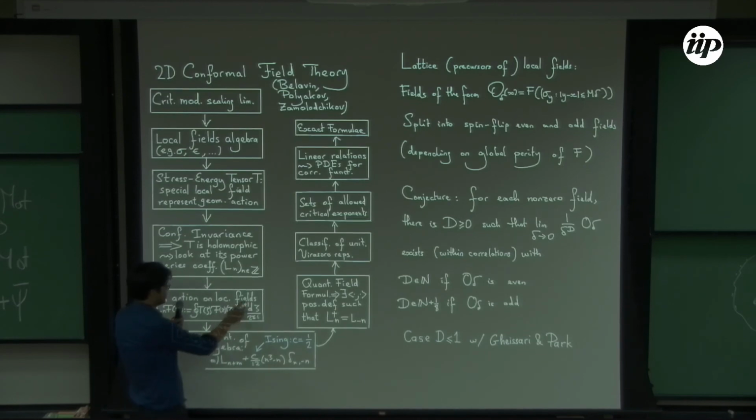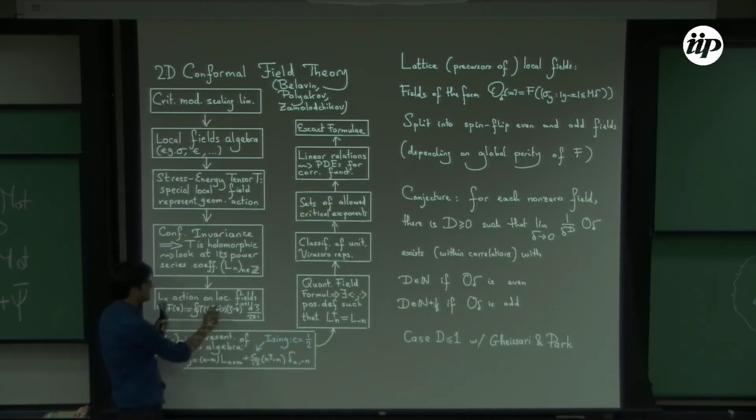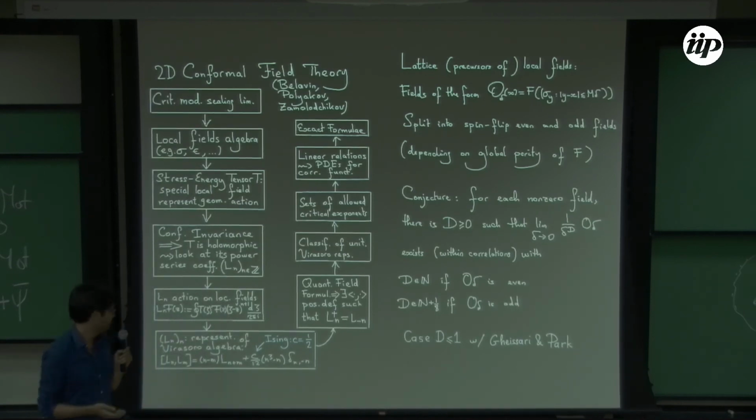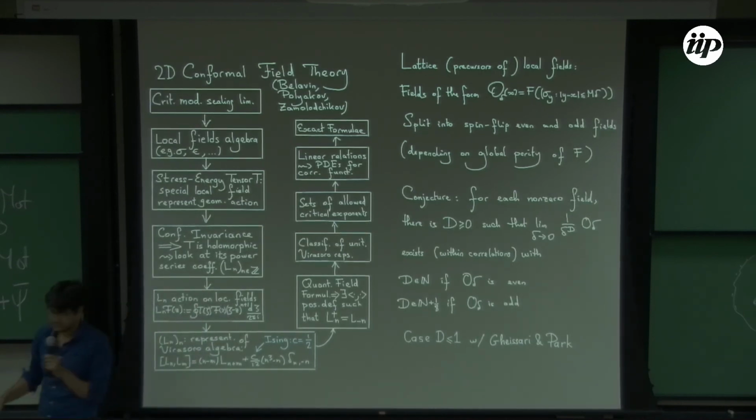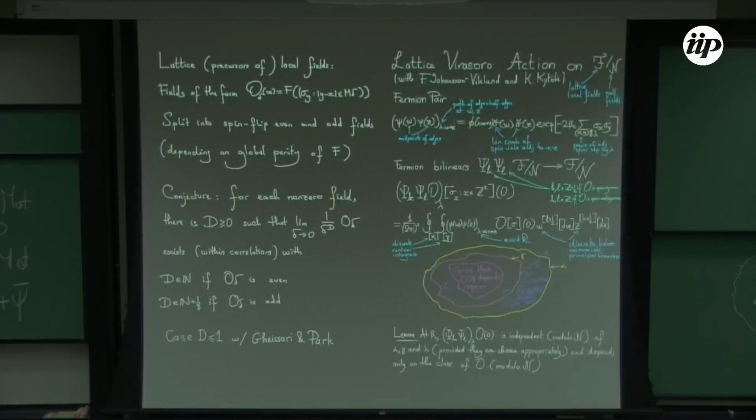Something that we were able to do first was to construct discrete holomorphic monomials, discrete contour integrals, and discrete integration by parts, but we were not able to find the stress tensor. However, we realized that the stress tensor for models like the Ising model, but not only, for the Gaussian free field or more complicated models like affine Kac-Moody models, is almost always a quadratic function of simpler fields.